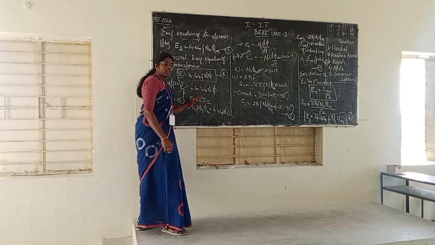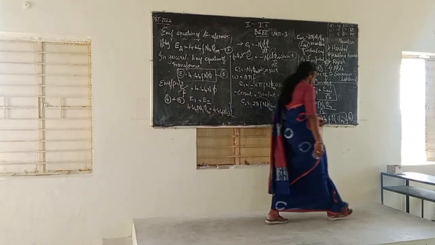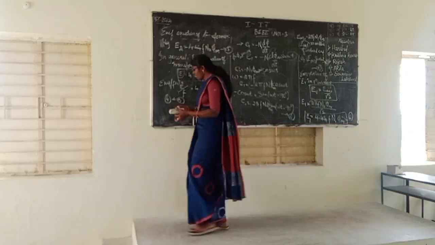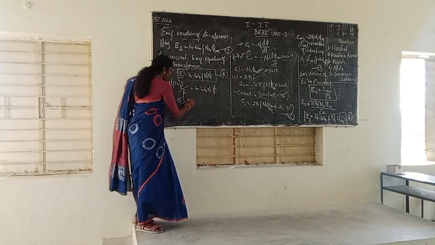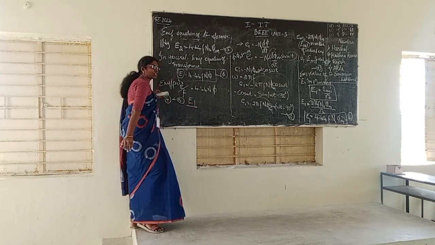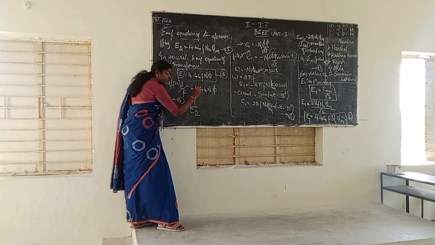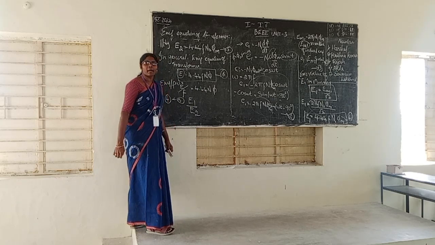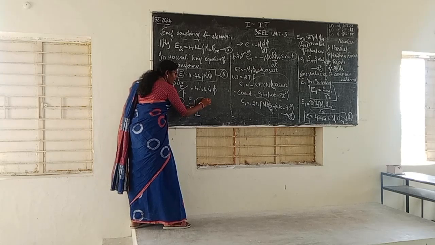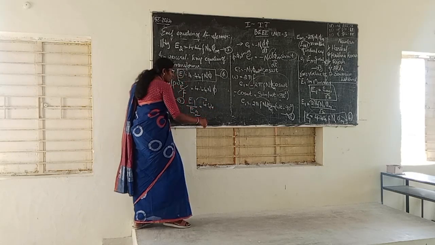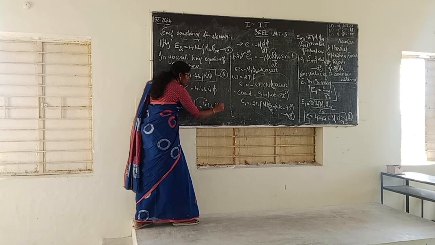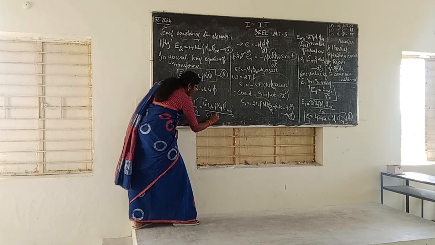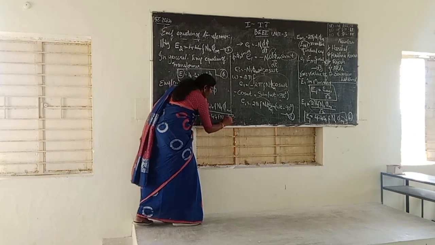Now I am comparing the fourth and the fifth equation. E1 by E2 is equal to 4.44 f N1 φm divided by 4.44 f N2 φm.